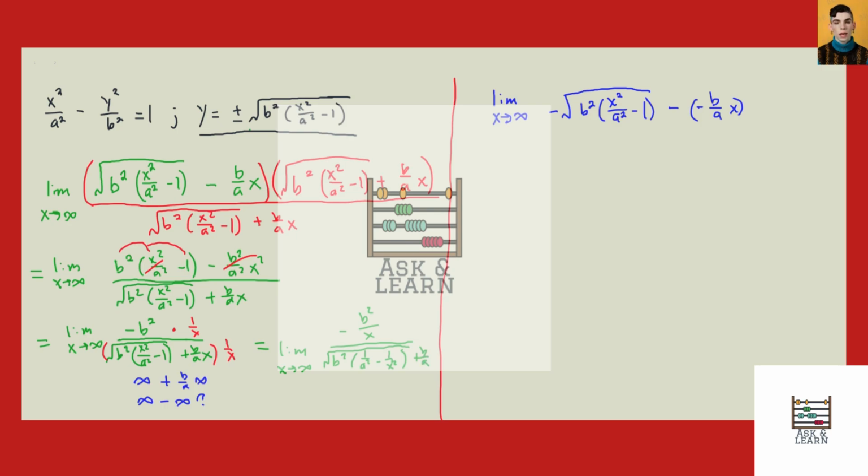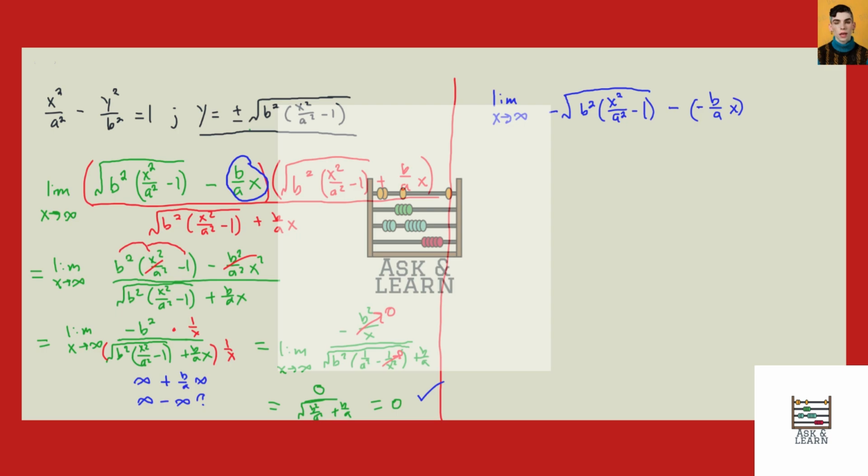And now notice when we take the limit of this, the numerator goes to 0, and we're going to be left with 0 over the square root of b squared over a squared plus b over a, which is 0. So that shows that b over a x is one of these slant asymptotes.